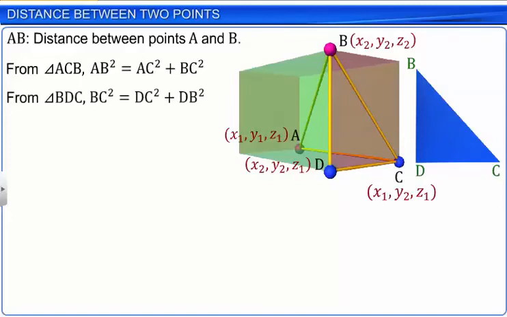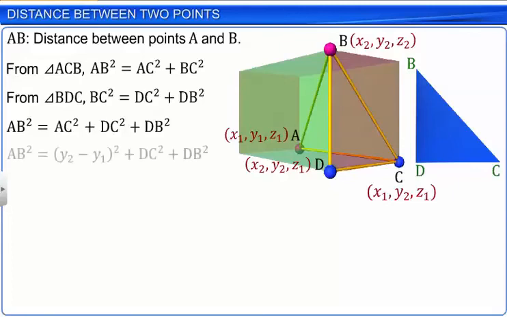In triangles ACB and BDC, we have side CB as common. Therefore, we can combine the relations as shown. Next, we realize this relation with the coordinates. As we can observe, length AC is given by y2 minus y1.